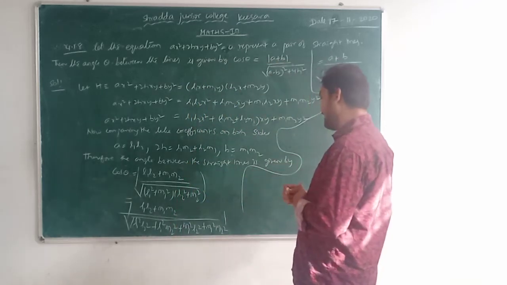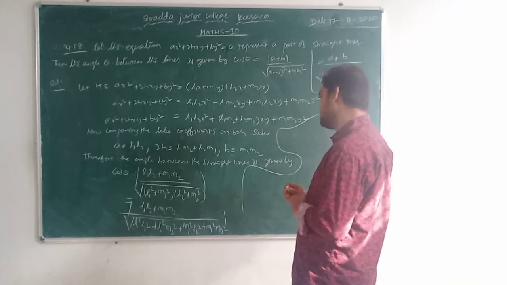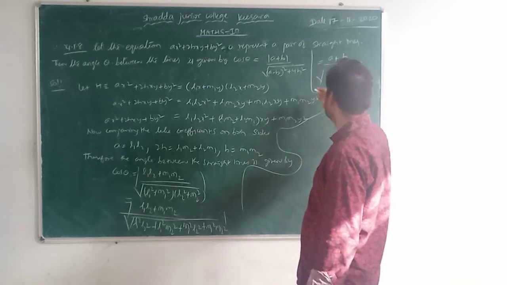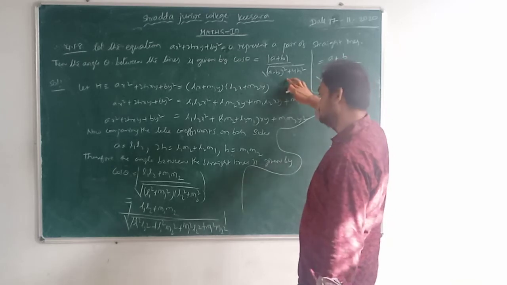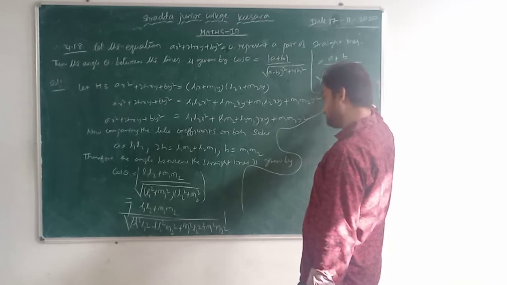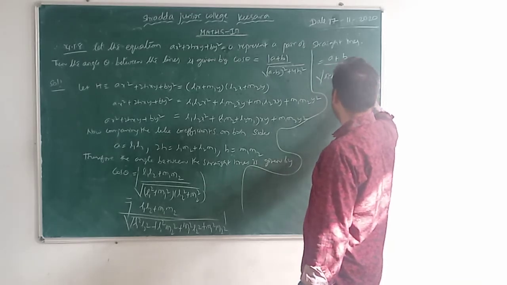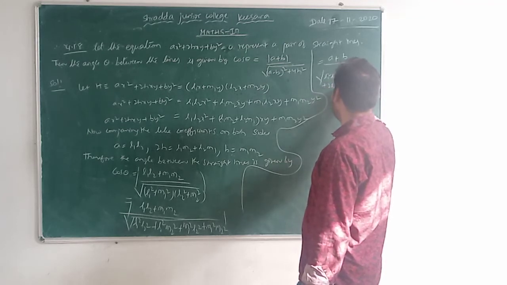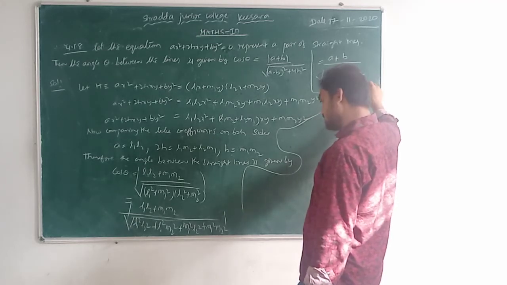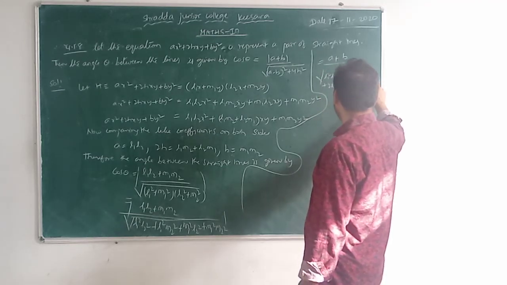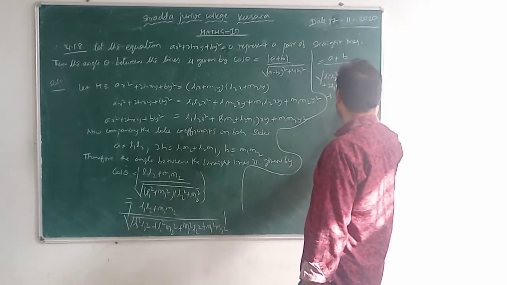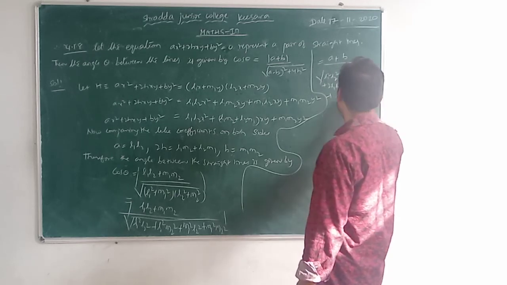Now we are adding and subtracting the 2 L1 L2 m1 m2, plus L1 square m2 square plus L2 square m1 square minus 2 L1 L2 m1 m2.